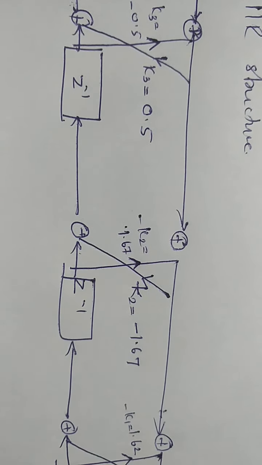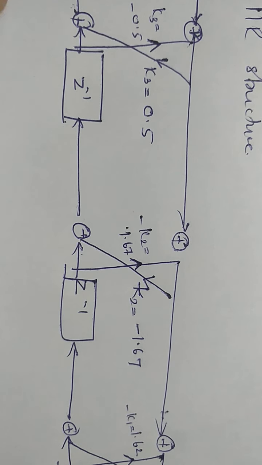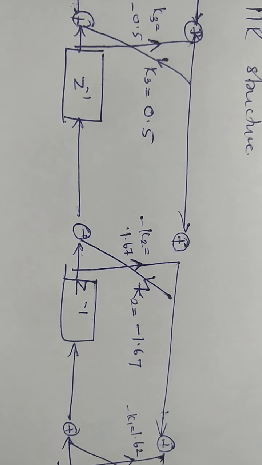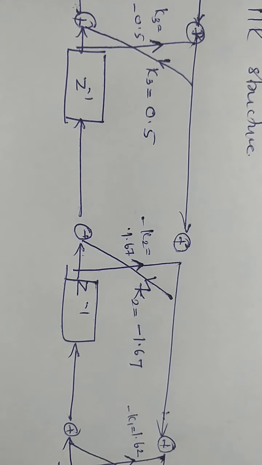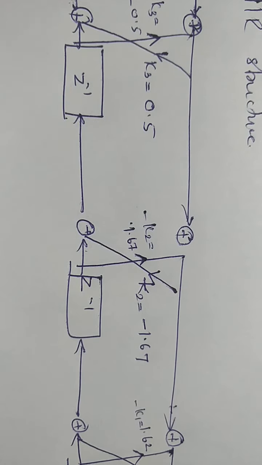Okay, that is we need to find out K3. If it is a third order system, we need to find the lattice coefficients K3, K2 and K1. After finding out the K2, K3 and K1 coefficients, we are drawing 3 delay terms.